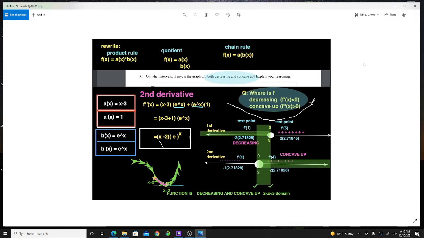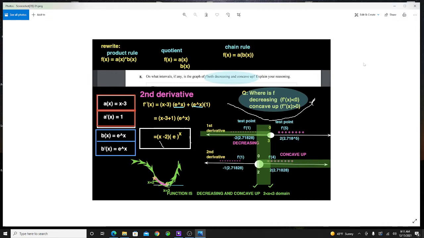The derivative of e to the x is e to the x, which creates very elegant elements here. Although the original function was x minus 3 times e to the x, the first derivative is just x minus 2 times e to the x, meaning the first derivative has the same shape with the first factor shifted up 1 unit.